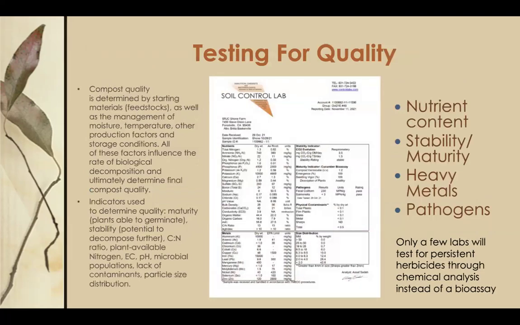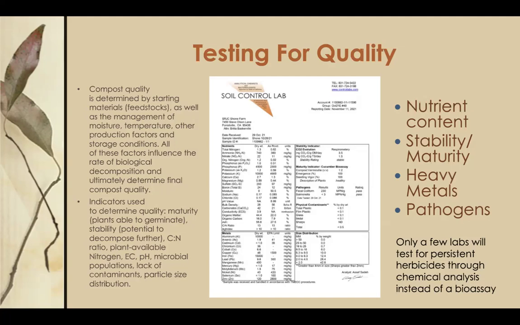So when you're testing, what do we use to determine what is quality? I have a lab here. This is from my time at Schoen, just to give you an example. You have a sample of compost, you send it into the lab, and this is what they're going to test for. This particular test that we purchase is for nutrient content, whether or not it's stable and mature, whether it has heavy metals in it, whether it's got pathogens in it.